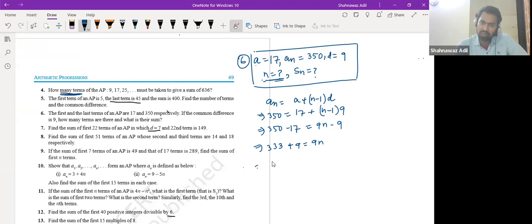So this is 342 and 9n. So n would be 342 divided by 9. So this is how much? 38. So n is 38, right?